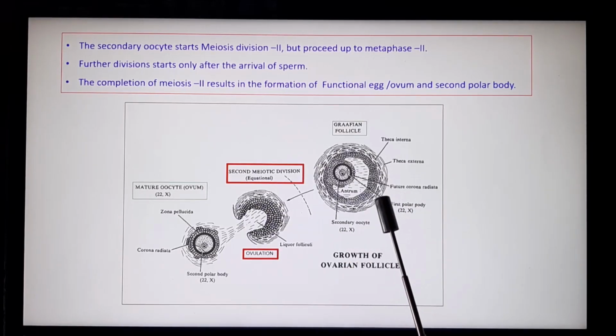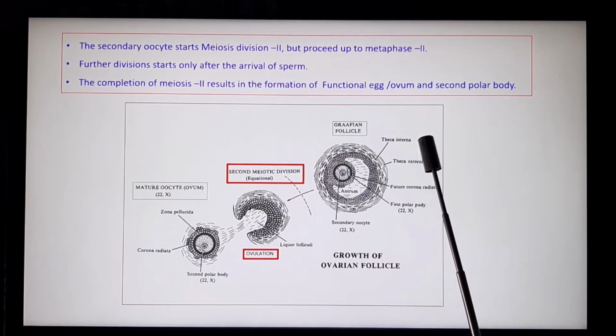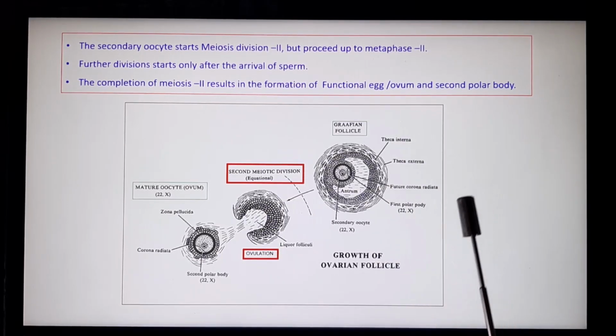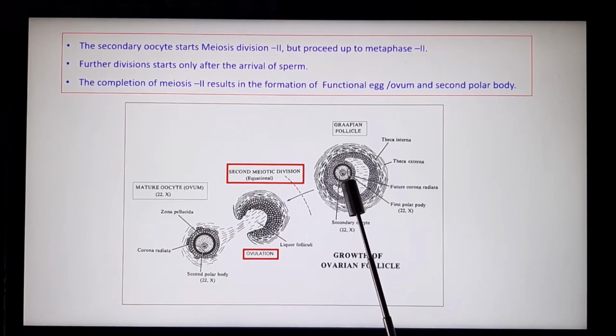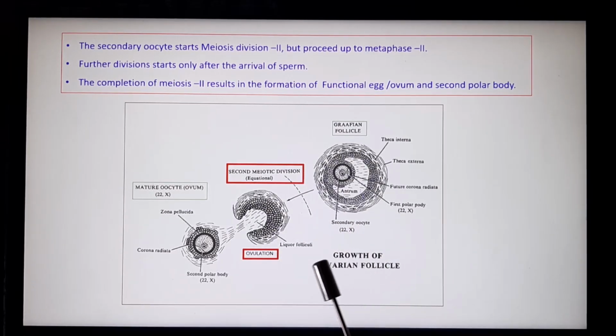You can see the mature Graafian follicle here, with theca interna, theca externa, and the future corona radiata. You can see the first polar body inside the secondary oocyte, and this follicular layer is rupturing and the secondary oocyte is released from here.